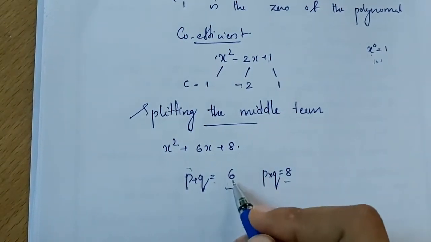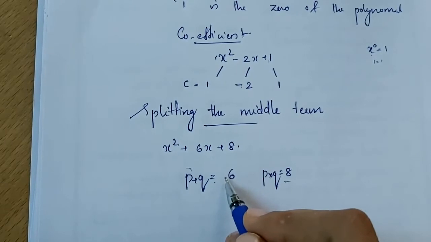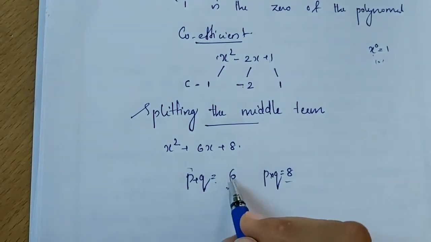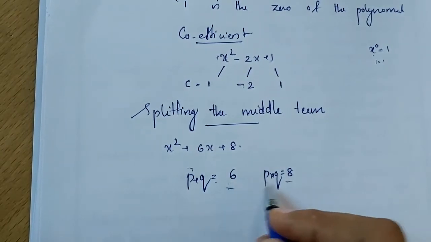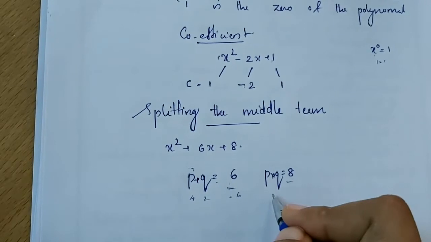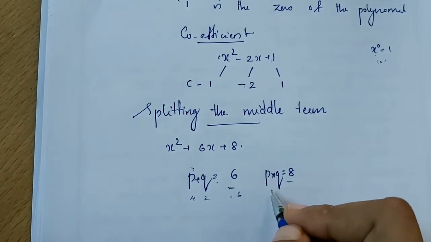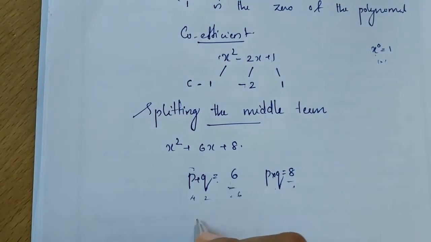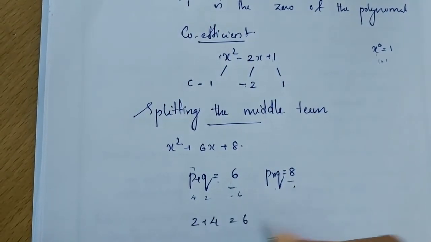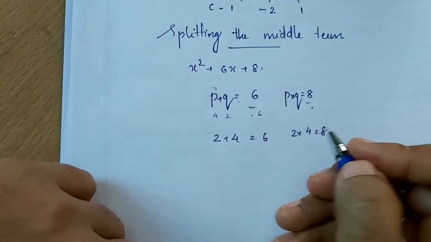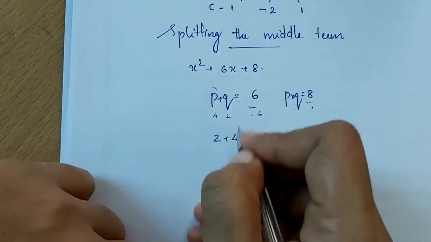Another case is 1 and 5, but the multiplication value is 5. Randomly checking, we will get the values 4 and 2. When we add 4 and 2, we get 6, and when we multiply 4 and 2, we get 8. Okay, so 2 plus 4 is equal to 6, and 2 into 4 is equal to 8. So we can consider the values as 2 and 4.